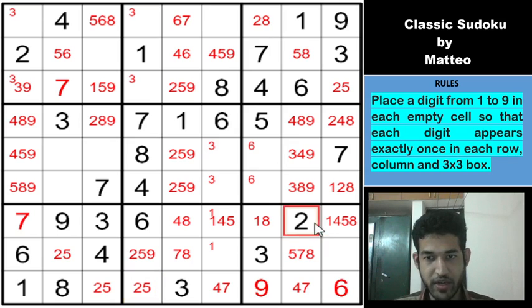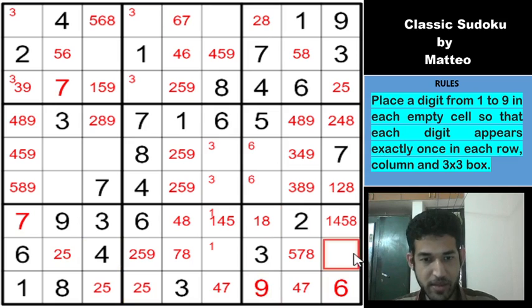Okay, let's look at this cell. 2 3 6 9, and 4 and 7 are ruled out, so this can only be 1 5 and 8, right? 2 3 6 9 4 7, so 1 5 and 8. So nothing here in box 9 too.